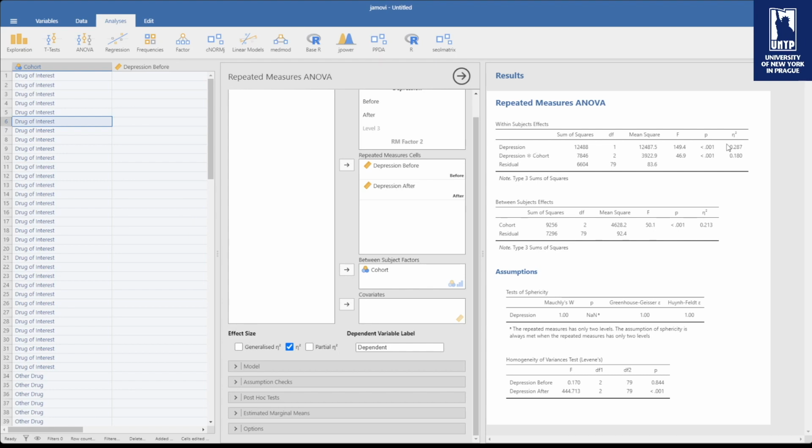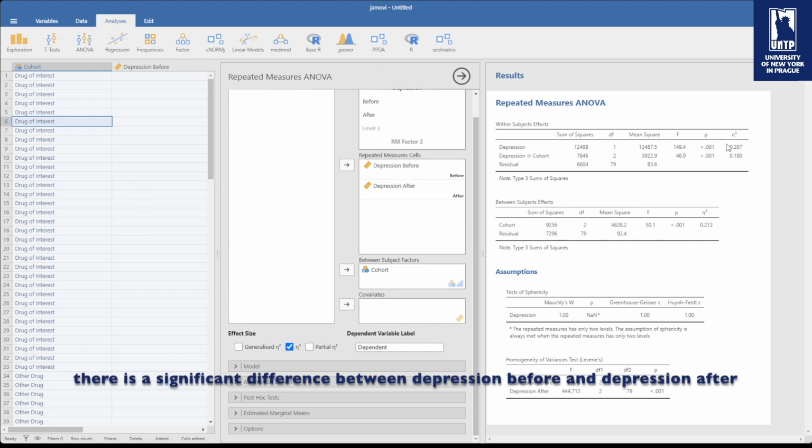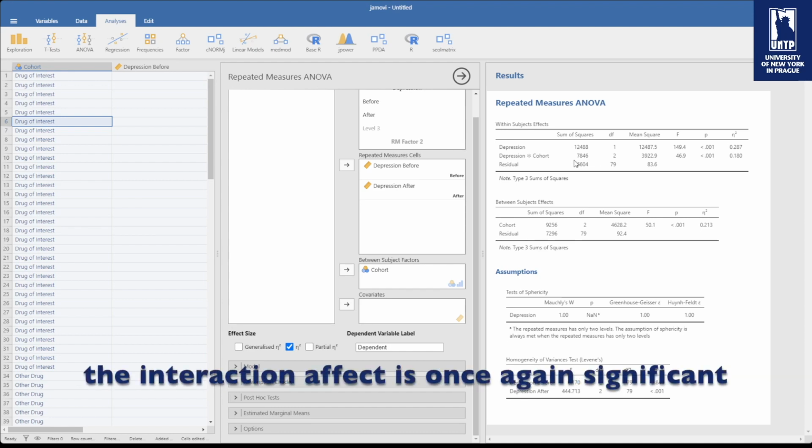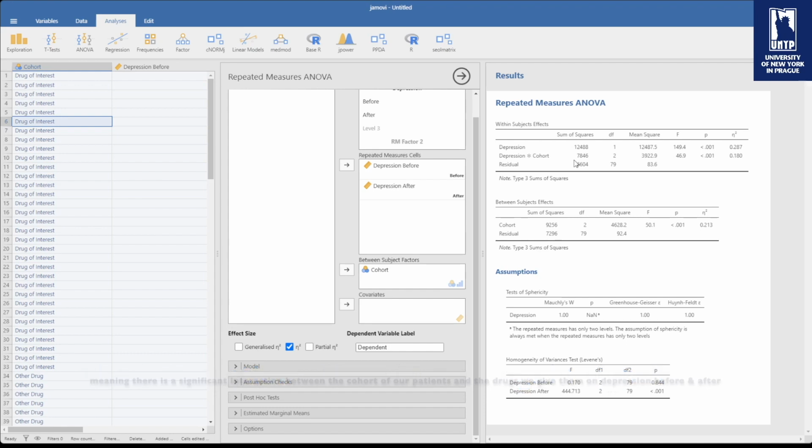In this case, it's again significant, meaning that there is a significant difference between depression before and depression after. And the interaction effect, once again, is significant, meaning that there is a significant interaction between the cohort of our patients and the drugs we give them on their depression before and after.